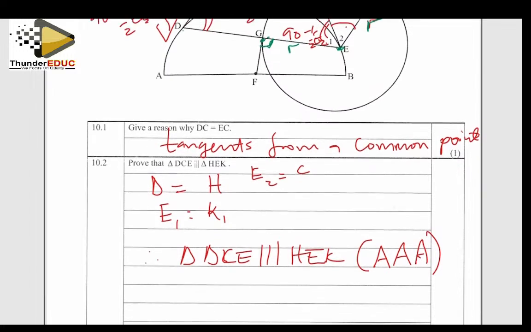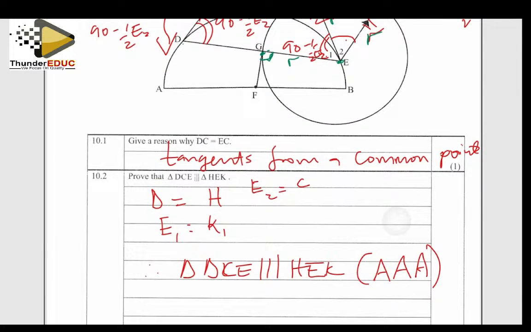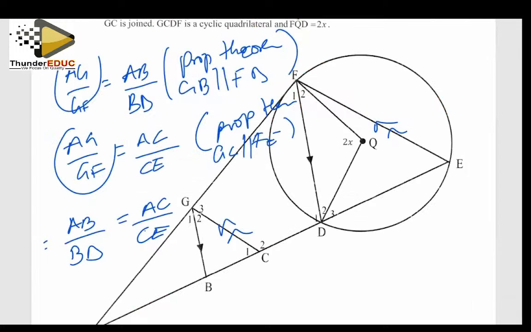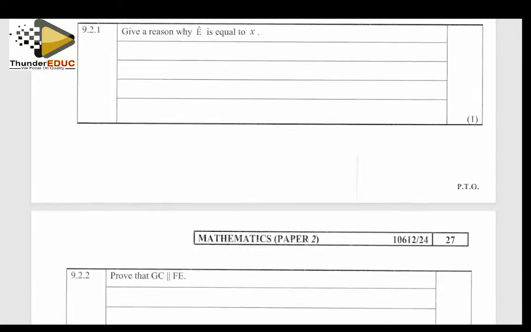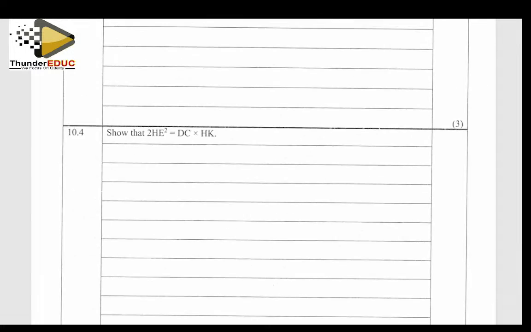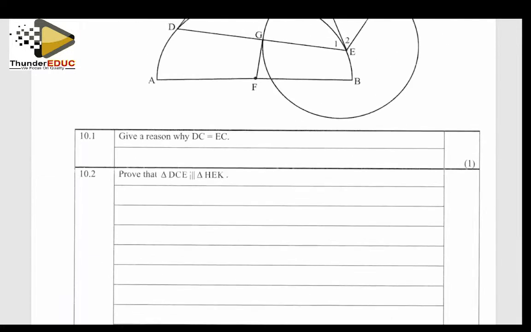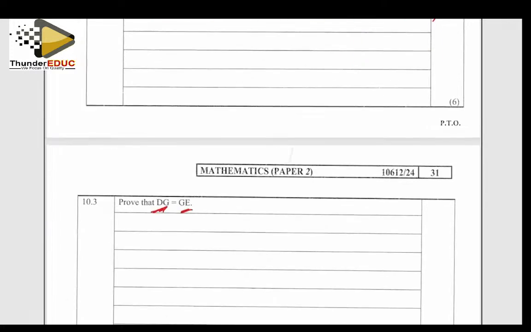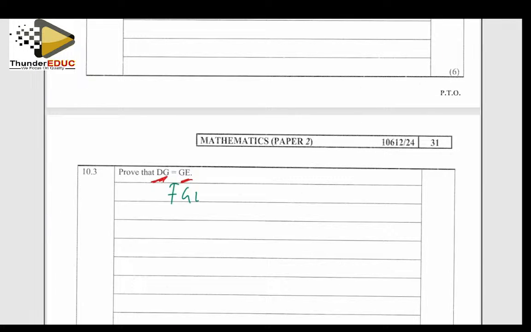So let's start with that and say that FGE is 90. Okay, we said FGE is 90.